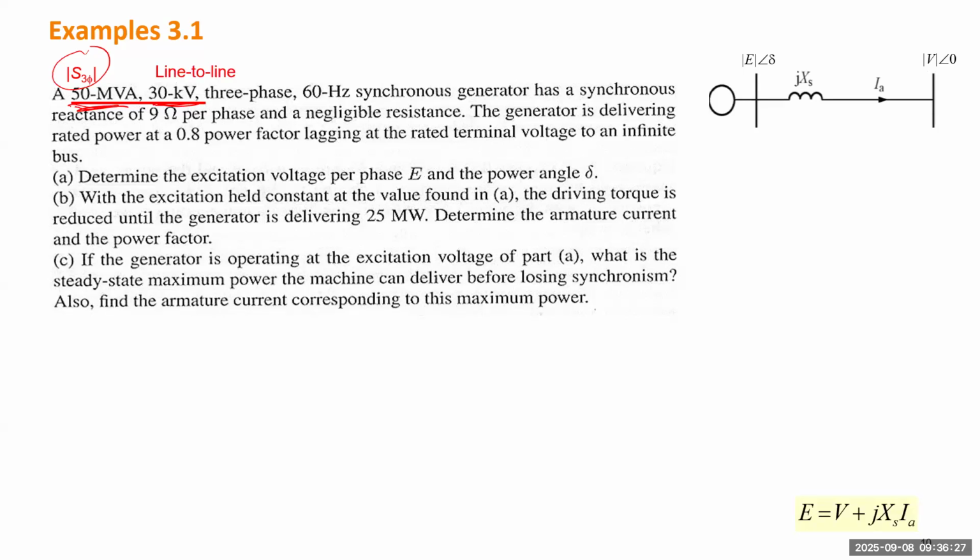If we want to calculate a single phase, to utilize this formula for just one phase, you need to find this E, so the voltage, either E or V, needs to be the line-to-neutral voltage.